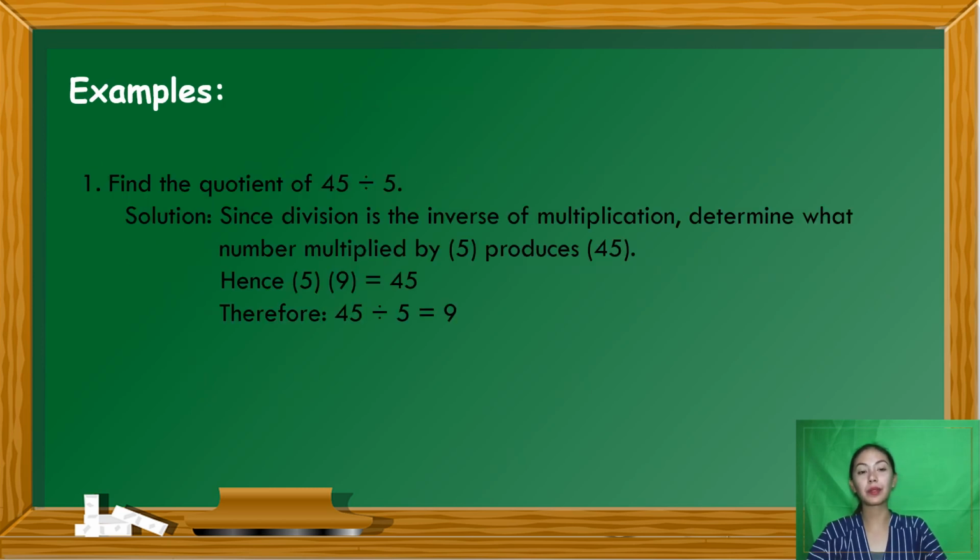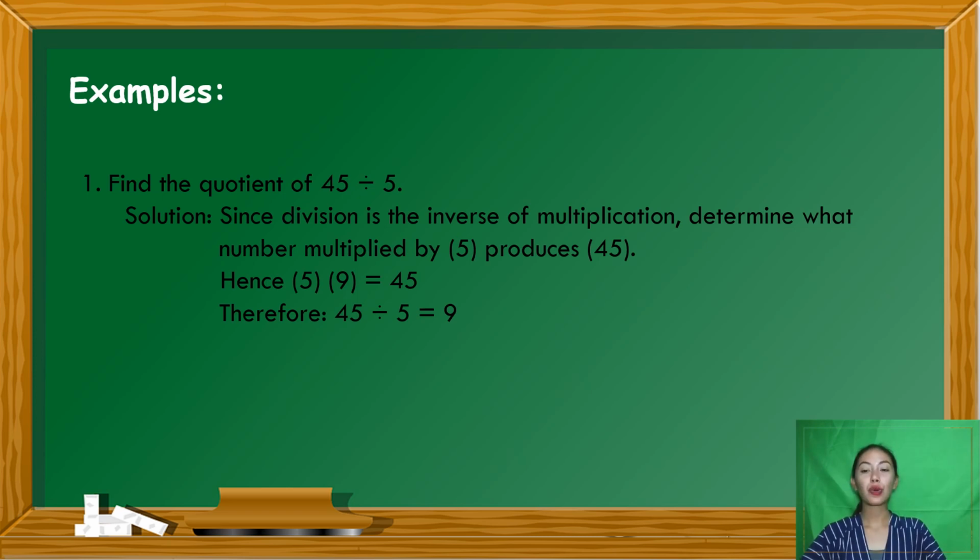Examples. Find the quotient of 45 divided by 5. Since division is the inverse of multiplication, just determine what number multiplied by 5 produces 45.